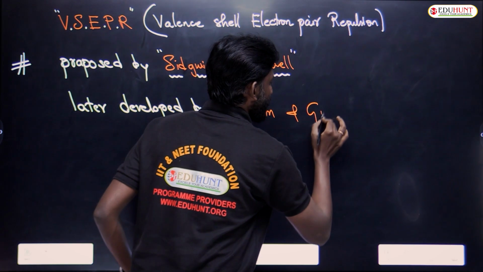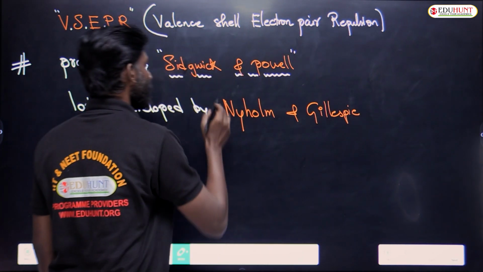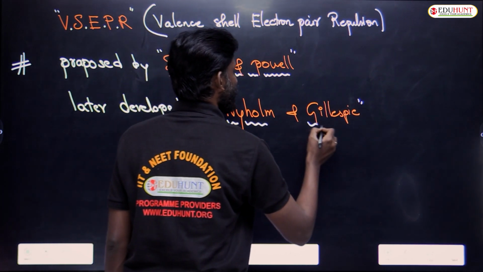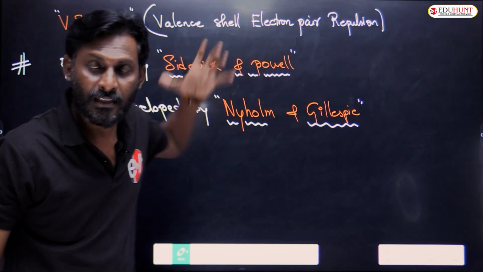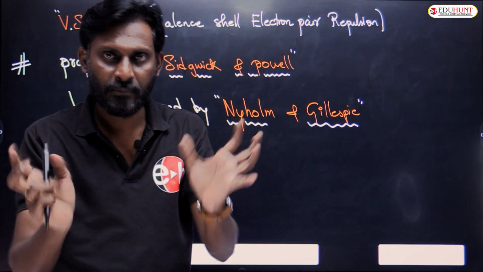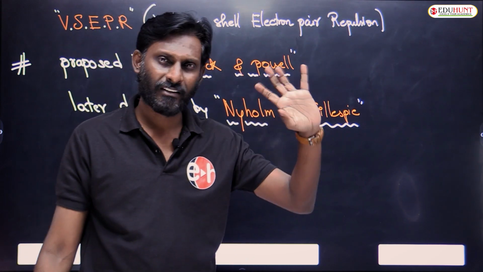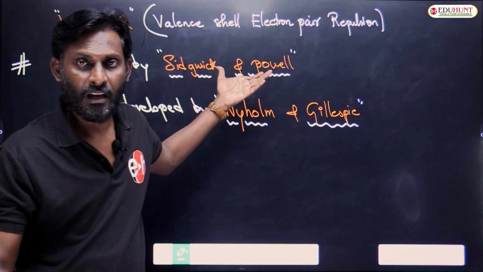And Gillespie. So the point is, these two scientists, the first two scientists, Sidgwick and Powell, proposed this theory in the beginning. After a few years, around 1940, I think, they proposed this theory.